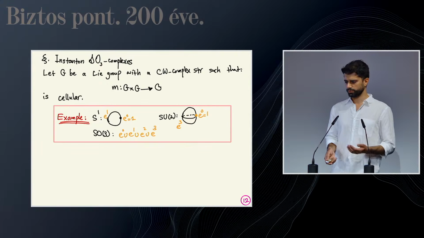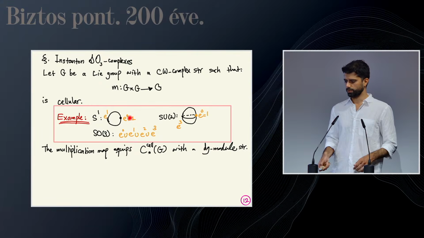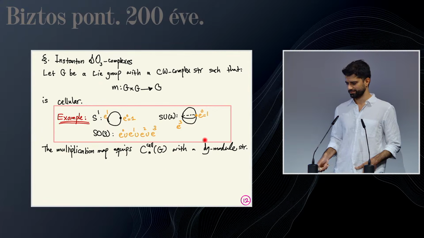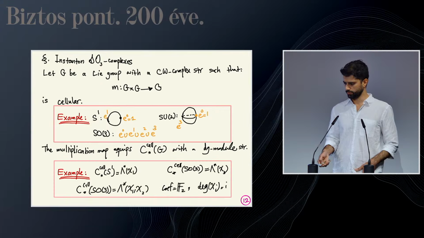So something that you would get out of the cell structure and the multiplication is that you can look at the cellular chain complex of your Lie group. So it's a chain complex. But using the multiplication map, you would also get a multiplication map on this cellular complex. In particular, there's a typo here, it's a DG algebra structure on this chain group.